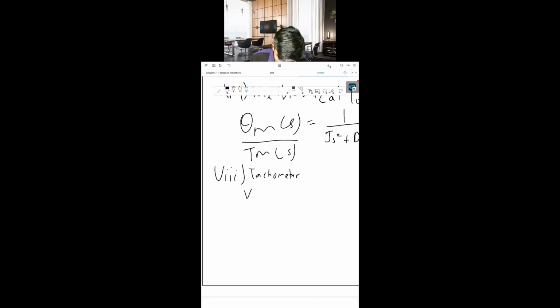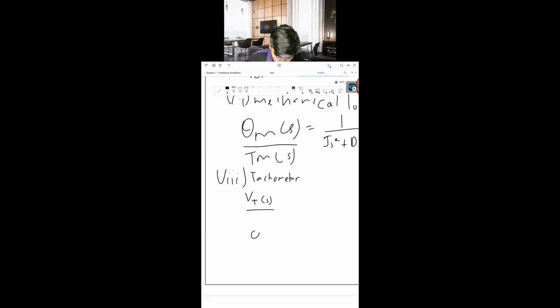The convention for the tachometer is V_T(s) over delta_M(s), which is s K_T.